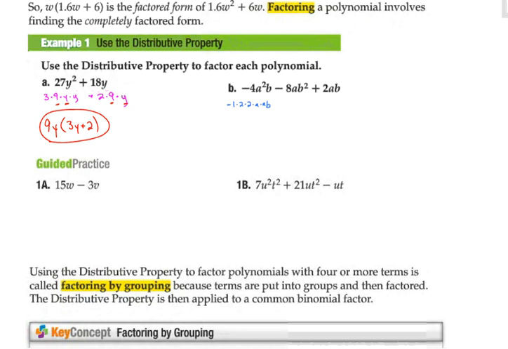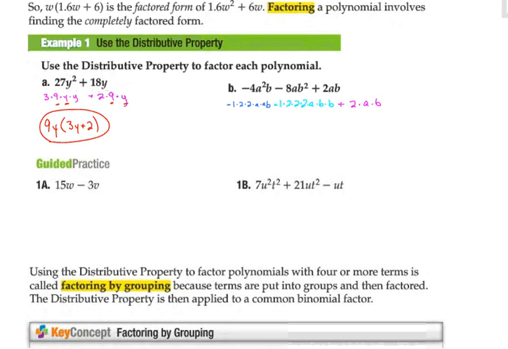Okay. Negative 8ab squared has a negative 1, a 2, an A, a B, and a B. So a lot. And then here we have a positive 2, an A, and a B.